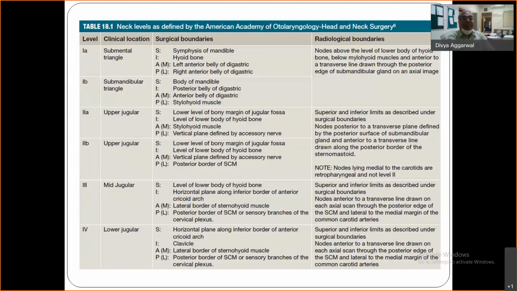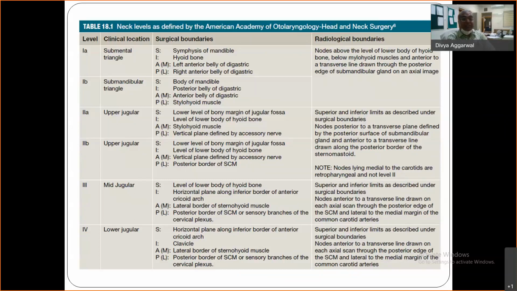Based on these, the levels are defined. So 2A, upper jugular, extends from the lower level of the bony margin of the jugular fossa. Inferiorly, it is the hyoid bone. Anteriorly, the stylohyoid muscle. Posteriorly, the vertical plane defined by the accessory nerve.